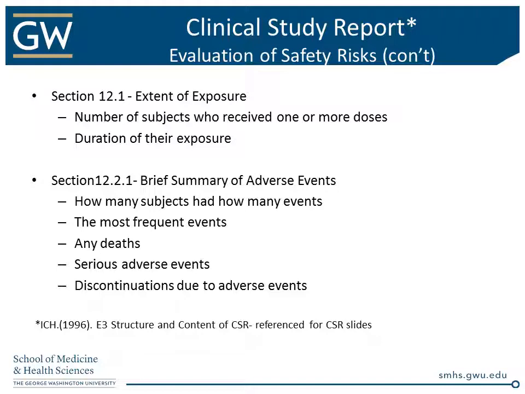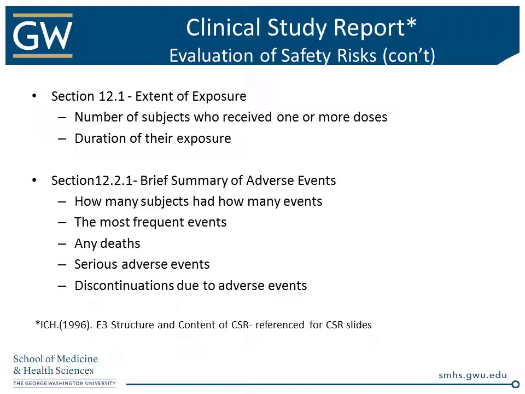Any overdoses should also be mentioned and further described in the adverse events section. A discussion of any wrong doses administered is required, and this should also be discussed in the section on protocol deviations.